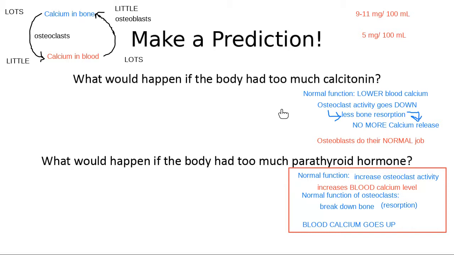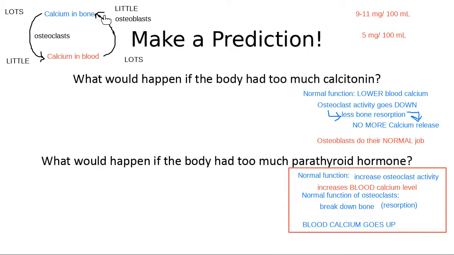Okay, so when my osteoclasts stop doing their job, what osteoclasts do is they break down bone to keep calcium in the bloodstream. If my osteoclasts aren't putting any new calcium into the bloodstream, but my osteoblasts just keep taking all of the calcium that's in the bloodstream, the calcium in the bloodstream, where I had a lot of it, ends up going straight into the bone tissue, and that bone tissue just starts storing it.